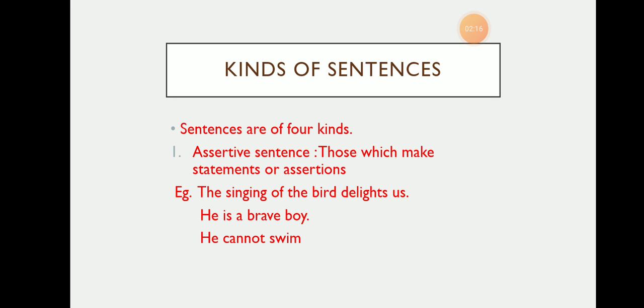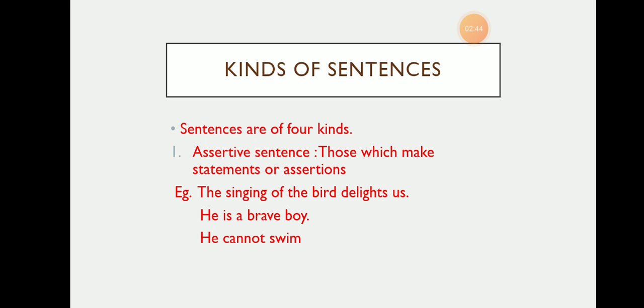Assertive sentences are also called declarative sentences. They are the statements. An assertive sentence simply makes a statement or expresses an opinion. In other words, it makes a declaration. This kind of sentence ends with a full stop.